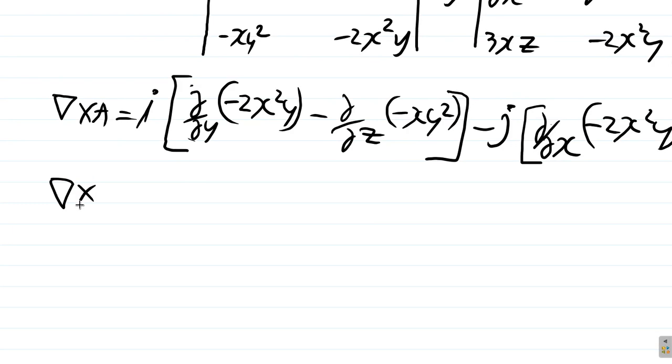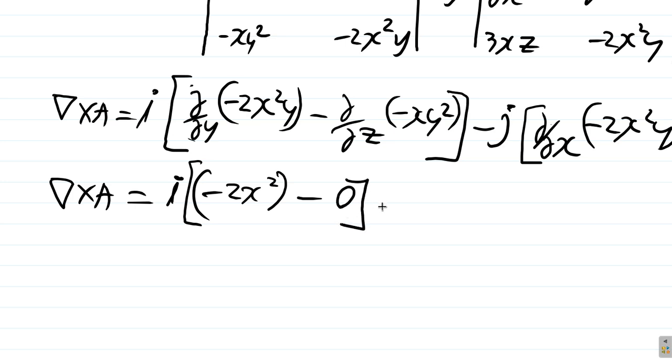So del cross A, which is the curl of A, equals i times, when you differentiate this, you get negative 2x squared, minus, when you differentiate this with respect to z it is 0, because there is no z in it.